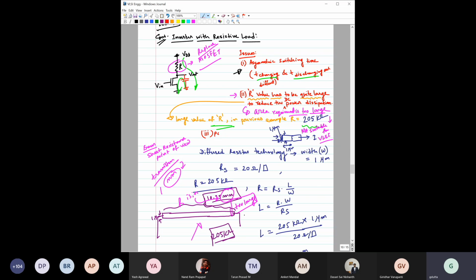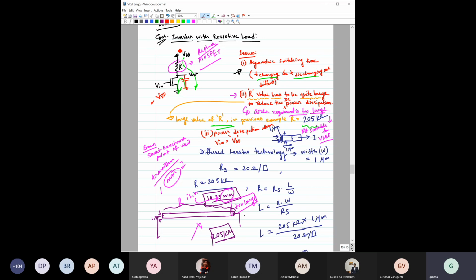Okay, let's see this. Power dissipation when Vin is equal to VDD. See, when you have set Vin equal to VDD, then this transistor is on. As long as Vin equals VDD, this transistor is on, you have a direct path from VDD to ground.